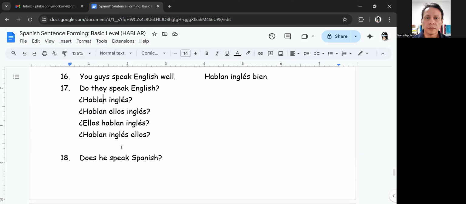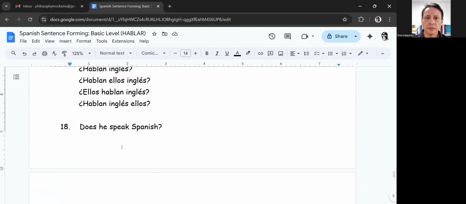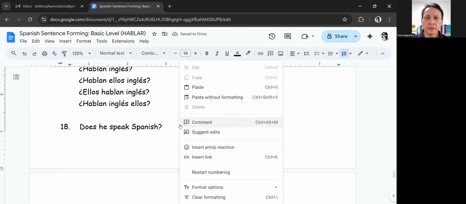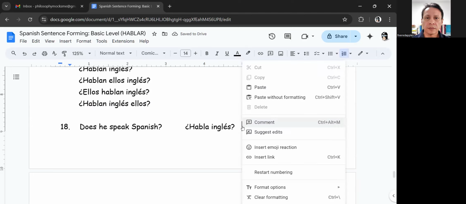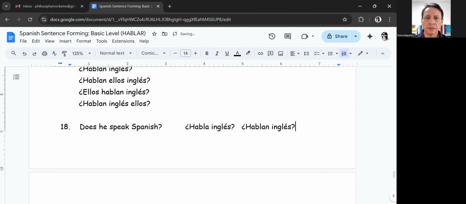So yeah, okay. Does he speak Spanish? Okay, now you're specifying. Well, you don't need to specify it, but you can just ask. If it's clear in context, you can just ask, ¿habla español? Meaning, does he speak Spanish? But again, you can throw in the pronoun to make it clear.